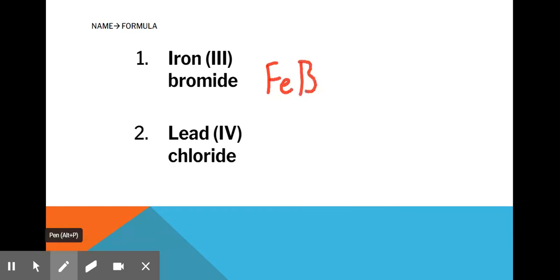Bromine always has a charge of -1. When you crisscross, that means we're going to get an invisible 1 next to Fe and 3 next to Br, FeBr3.